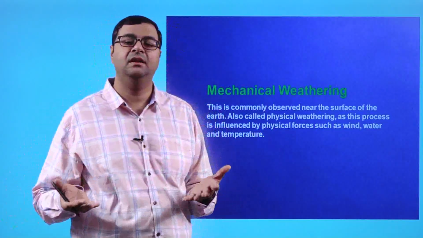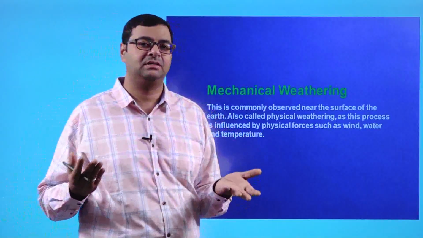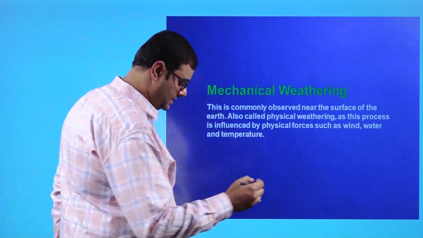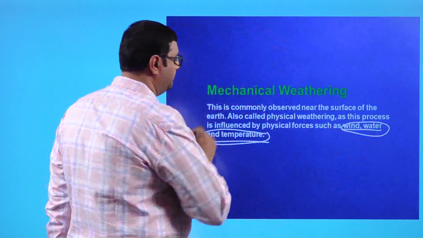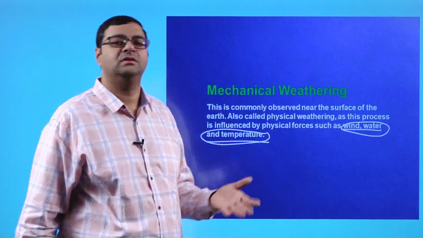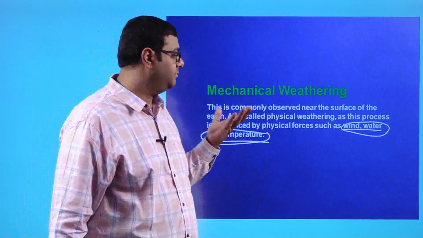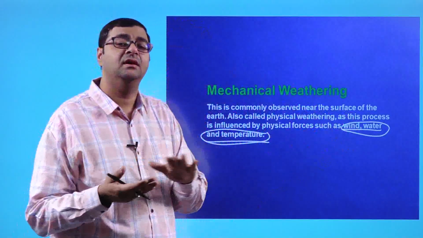When we are talking about soil, we should never forget that wind, water and temperature will play a major role here. Because it's a physical process, these agents will actually weather the rock.